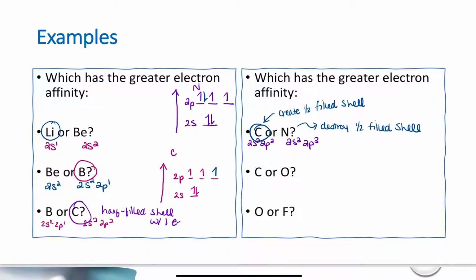What about carbon or oxygen? This one gets a little tricky.